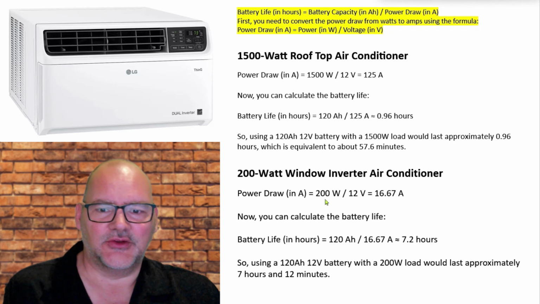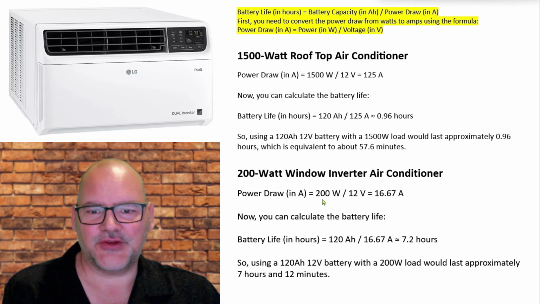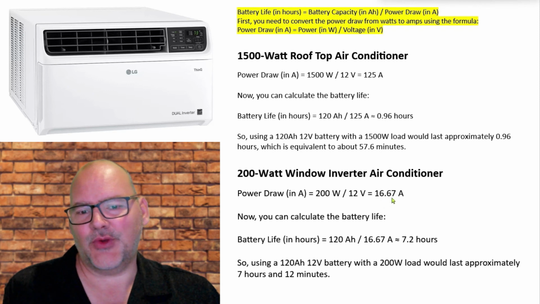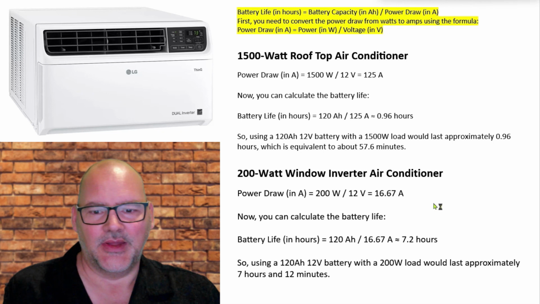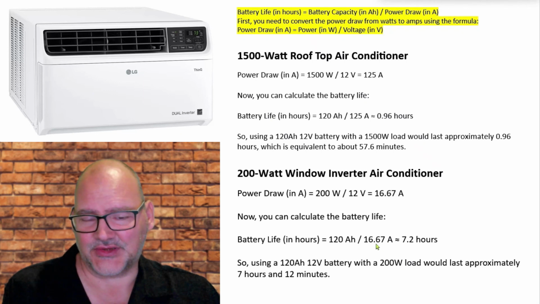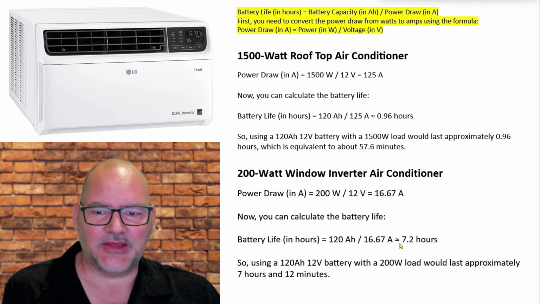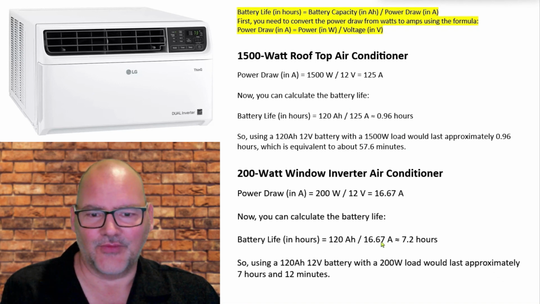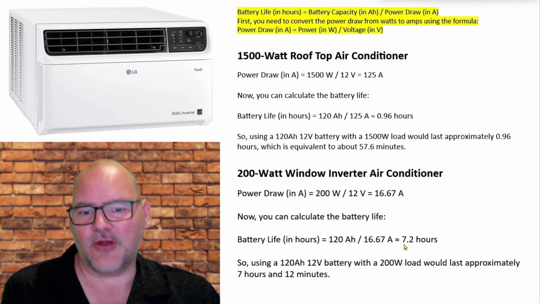So let's take 200 watts of air conditioning power draw divided by 12. That gives me 16.67 amps of draw. Now let's calculate our 120 amp hours of battery. 120 amp hours divided by the draw of 16.67 tells me that on 120 amp hours of battery power, I can run this air conditioner for 7.2 hours.